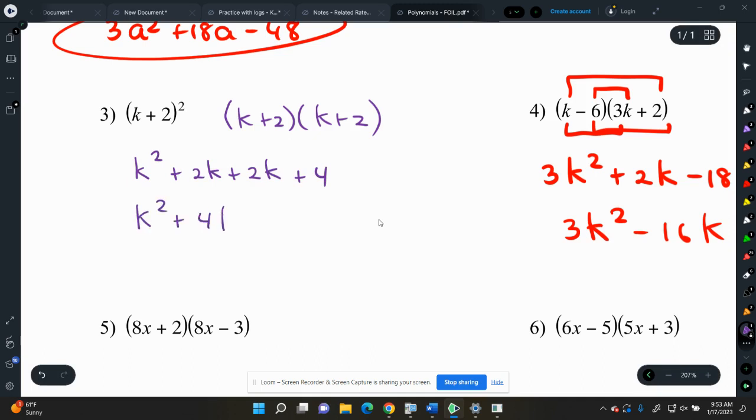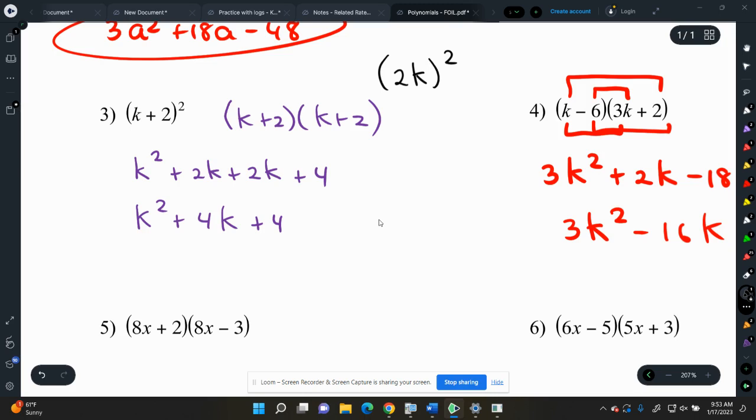which gives us k squared plus 4k plus 4. And so that's a very common mistake, is that people distribute that and make it k squared plus 2 squared. Okay, so that's a common mistake. You can't distribute the exponent. The only time that you can distribute the exponent is when you have something like 2k squared.